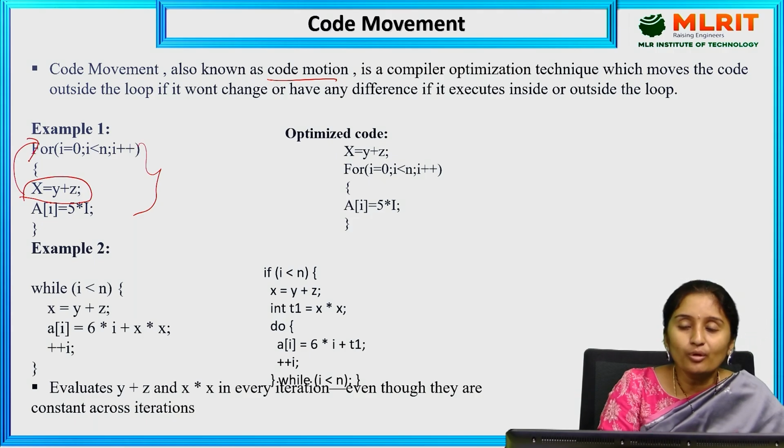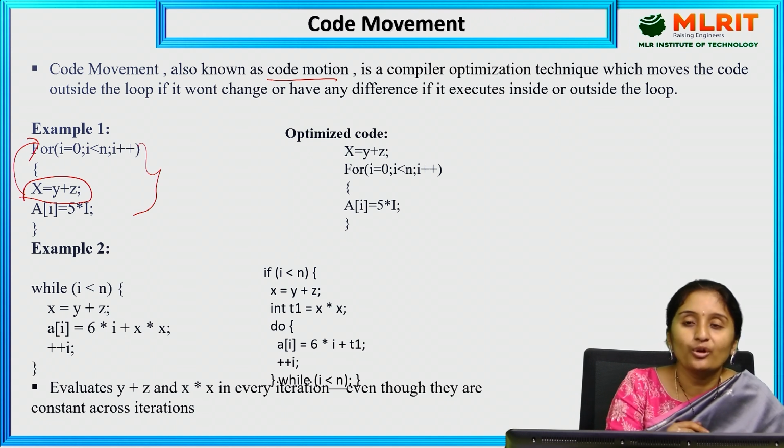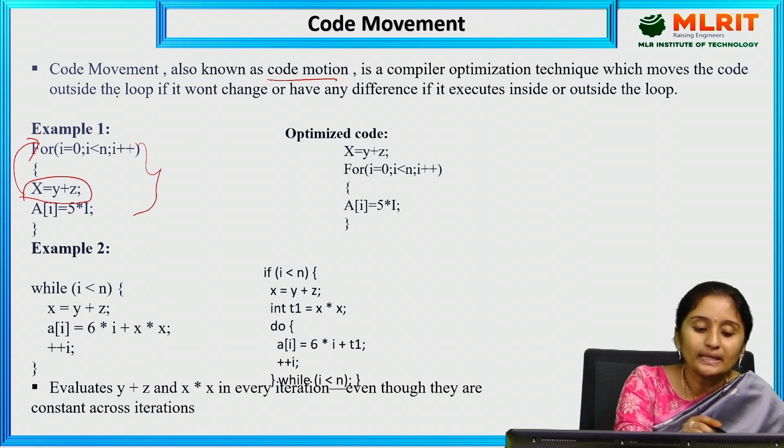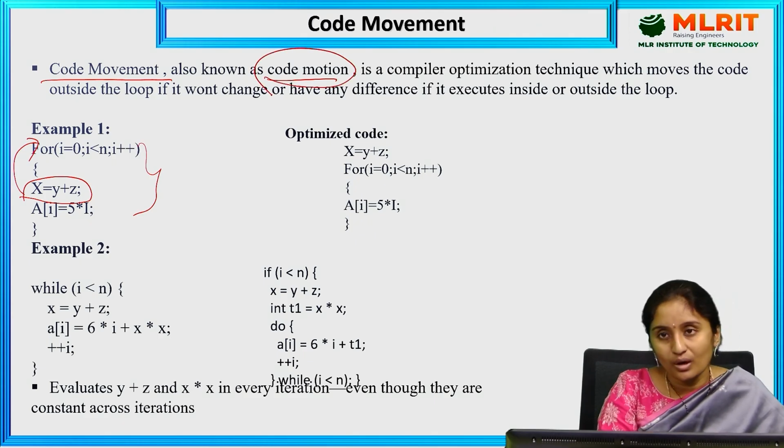Even if we move them outside the loop or keep them inside the loop, there is no difference for the program or in giving the output. So those statements we move outside the loop. That is what we call code movement, or code motion.